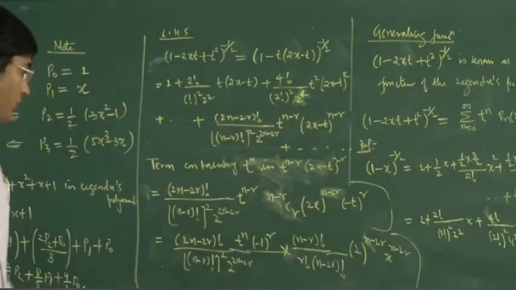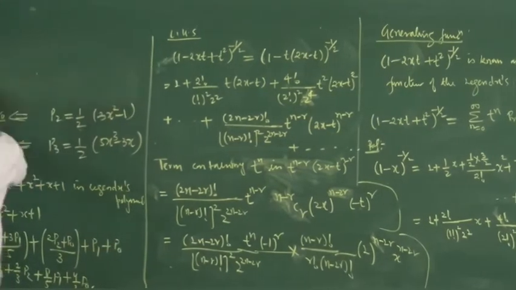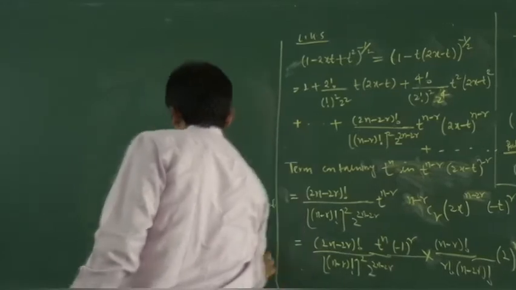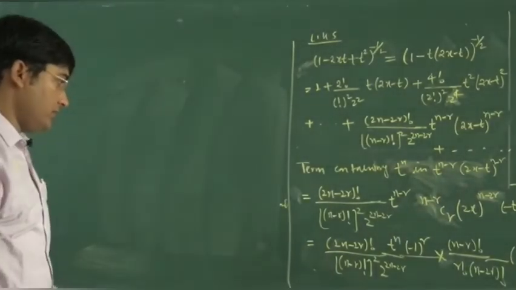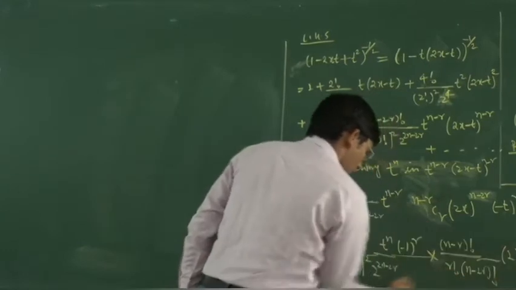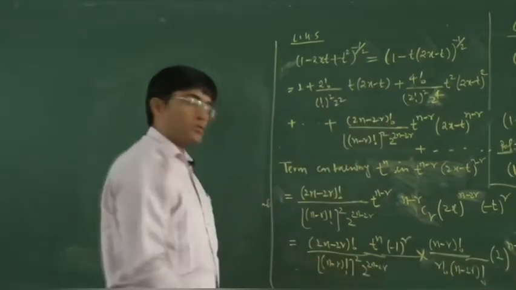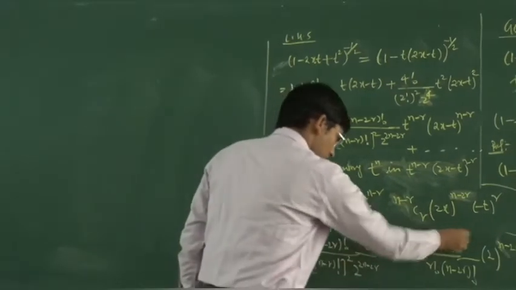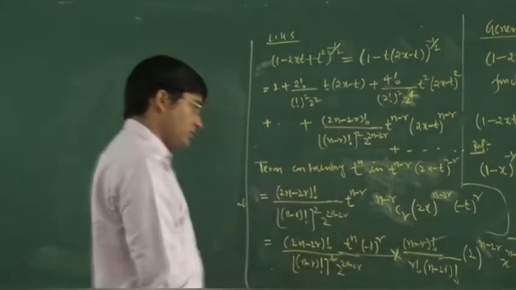Okay, now let us simplify this one. If you simplify, then you can see that this 2 power n minus 2r and this 2 power 2n minus 2r will give you 1 upon 2 power n, and then one factorial will get cancelled.